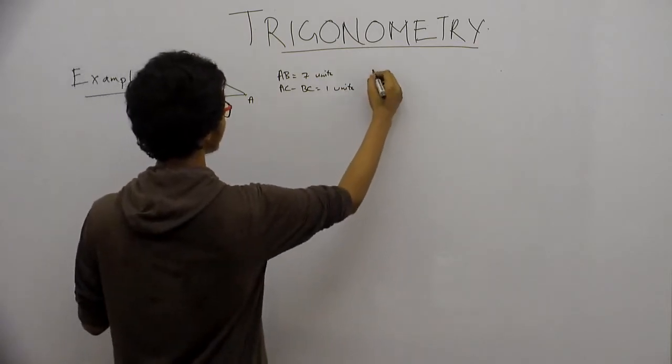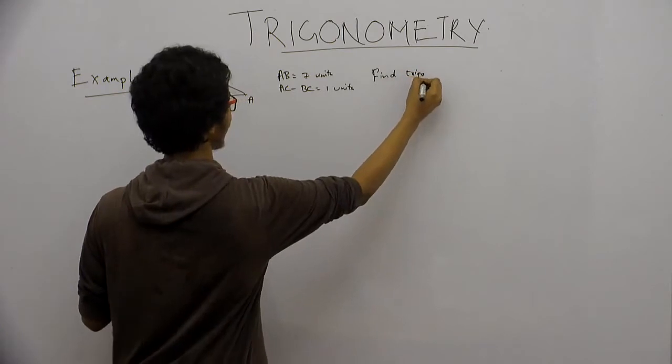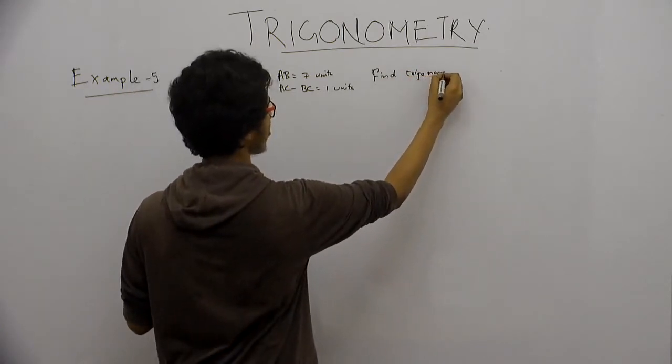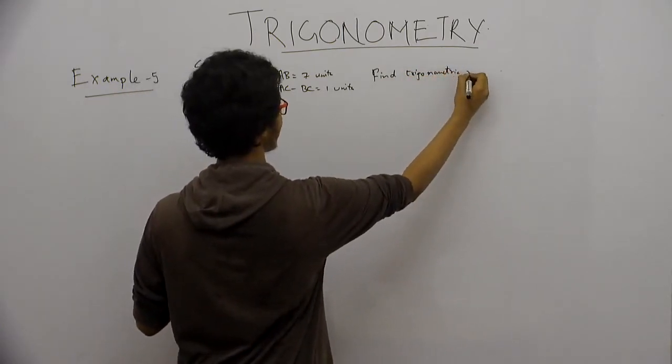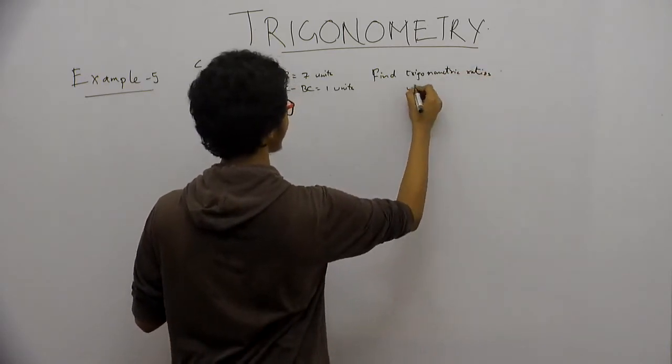We have to find the trigonometric ratios with angle A.